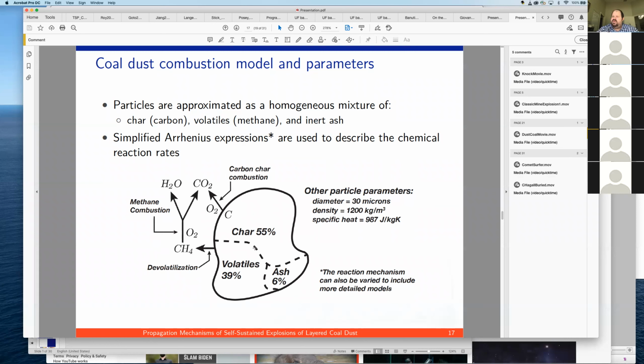But after the methane leaves the coal particle, there is a lot of carbon left over. And that carbon is also free to react with oxygen via a surface reaction to directly form CO2. This leftover carbon is no different than the charcoal that you can buy from the grocery store that you might use in your grill.